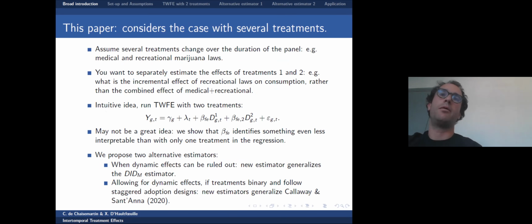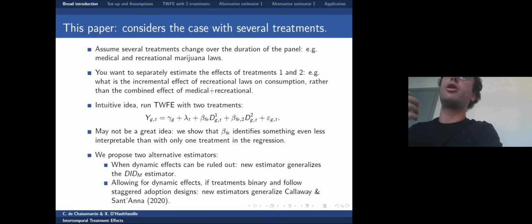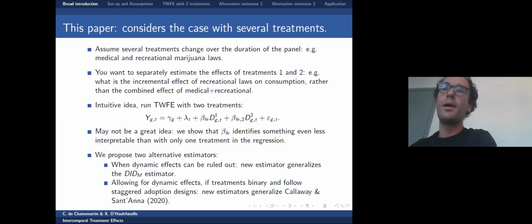You can authorize medical marijuana or you can authorize recreational marijuana. And you may want to separately estimate the effects of these two treatments. For instance, you could want to know what is the incremental effect of a recreational law on consumption rather than measuring the combined effect of those two treatments.